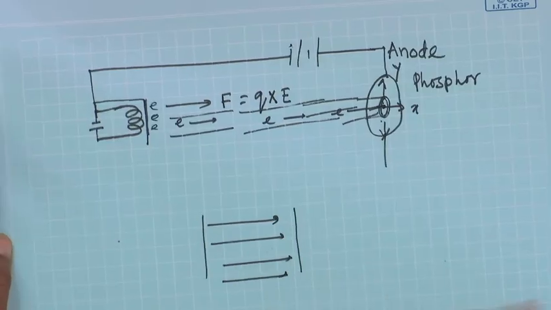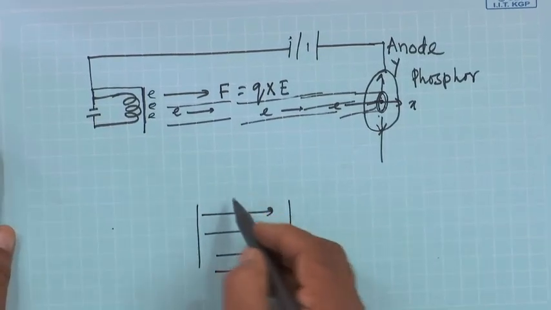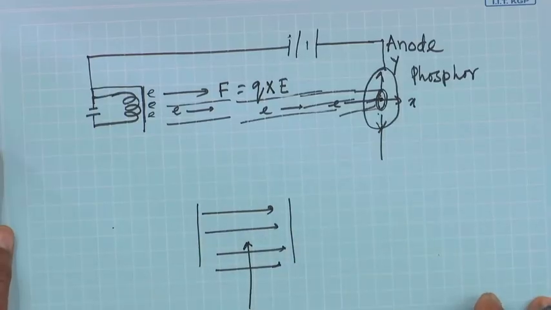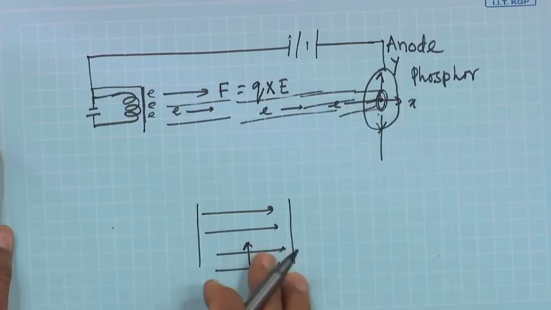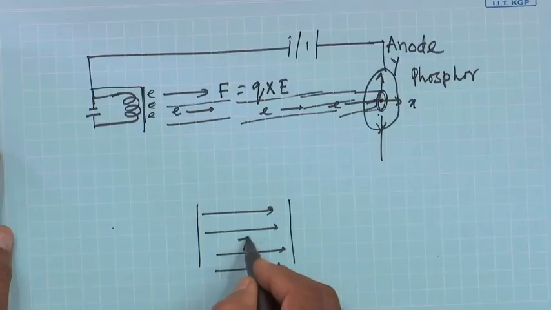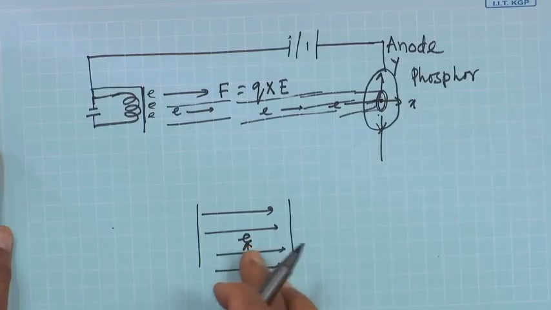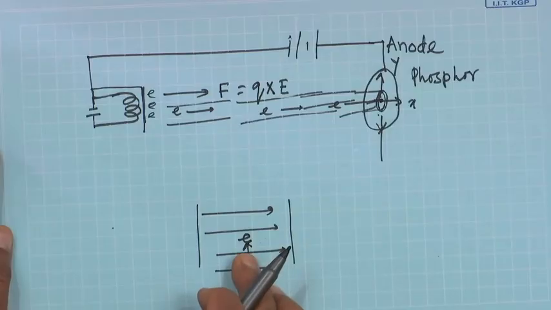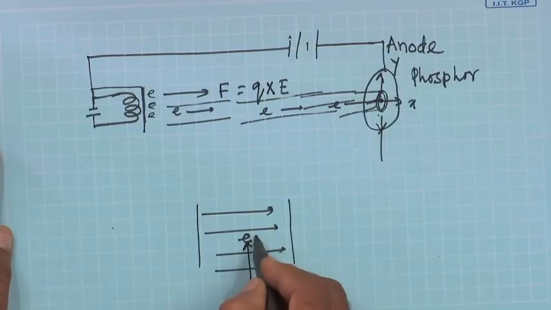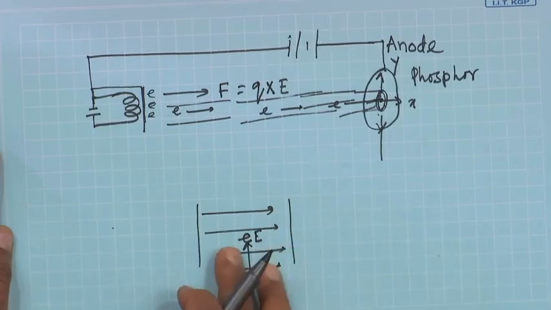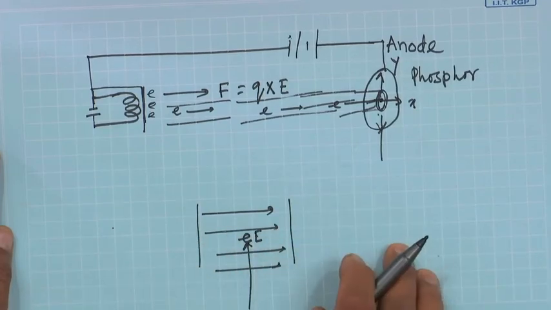Now, if a charged particle enters here, it will get a force due to this electric field along this direction, that is qE. Due to this force, it will move along the electric field direction, right.